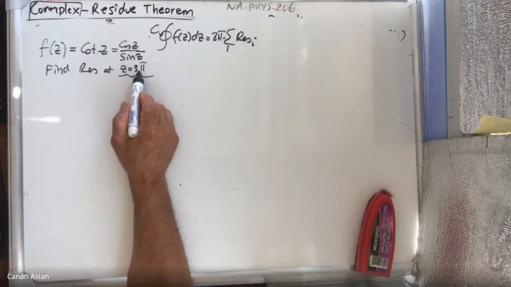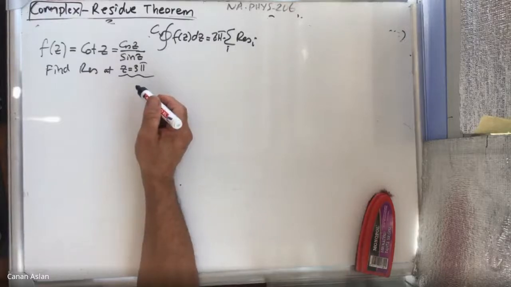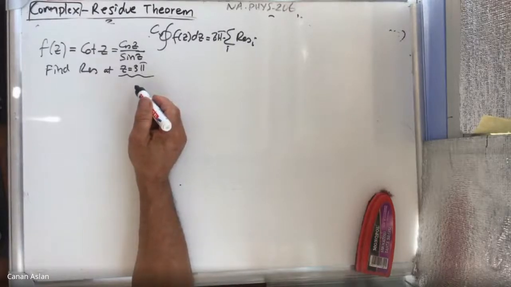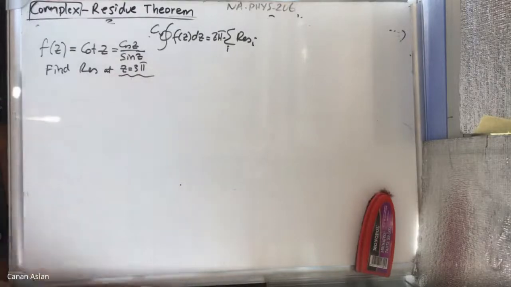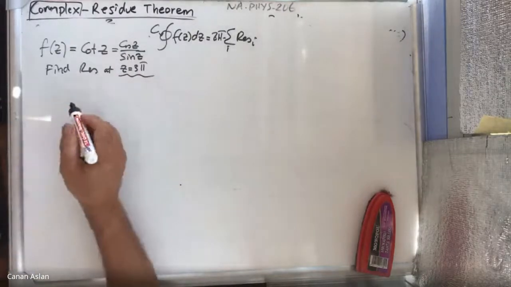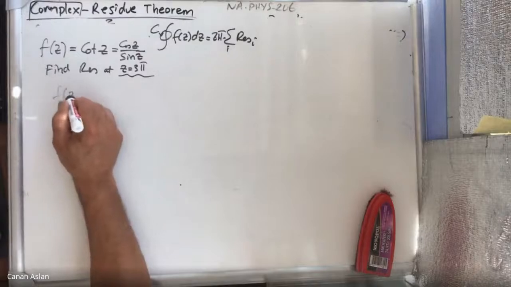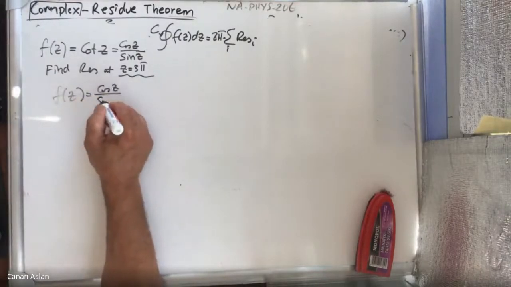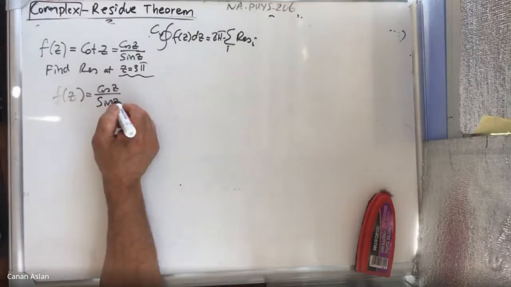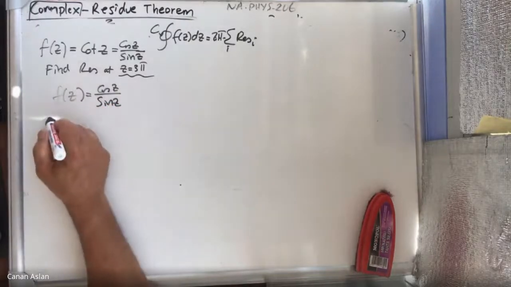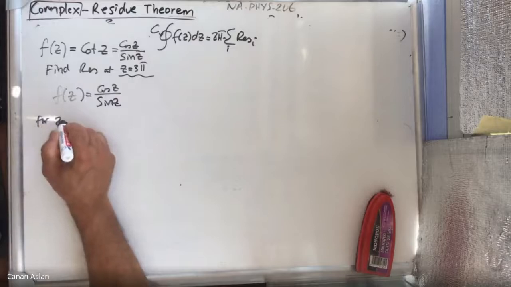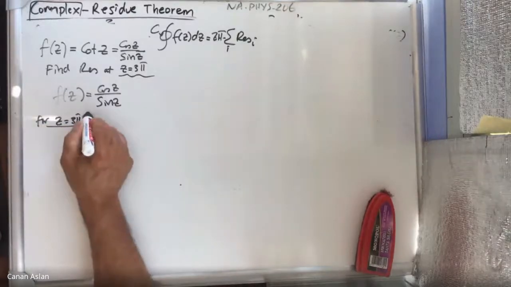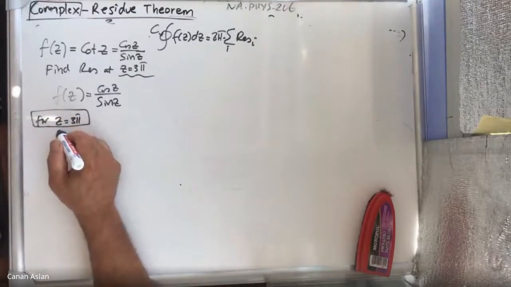So now, how do we get this? The function f of z is written as cosine z divided by sine z. Now for z equals 3 pi, we will write the residue as this.